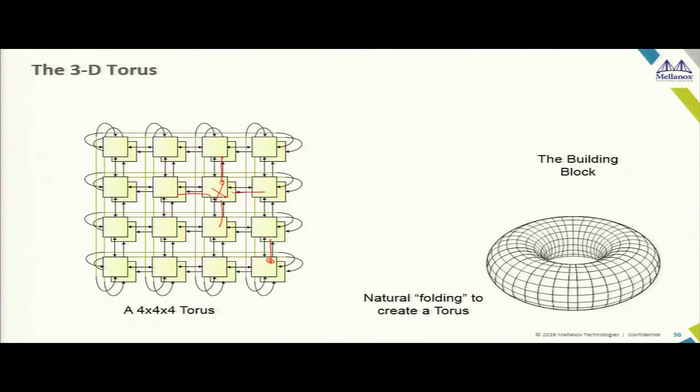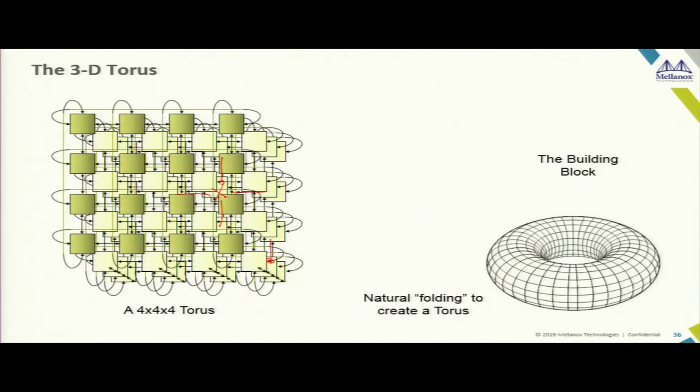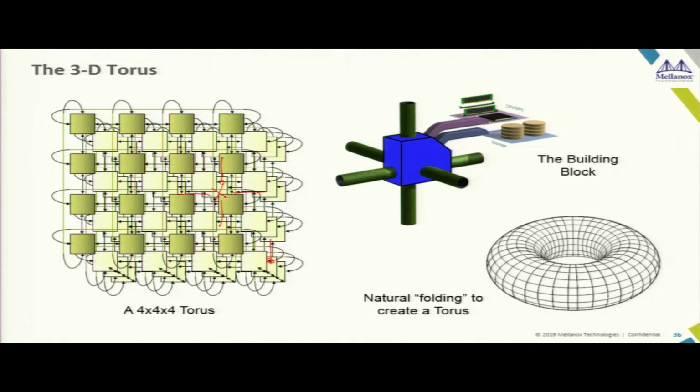If you look at a 4x4x4 torus, it means it has 4 switching elements in each of its dimensions, and each switching element is directly connected to a compute server. Now it has 6 pipes connecting it to its nearest neighbors. So this is one of the switches.